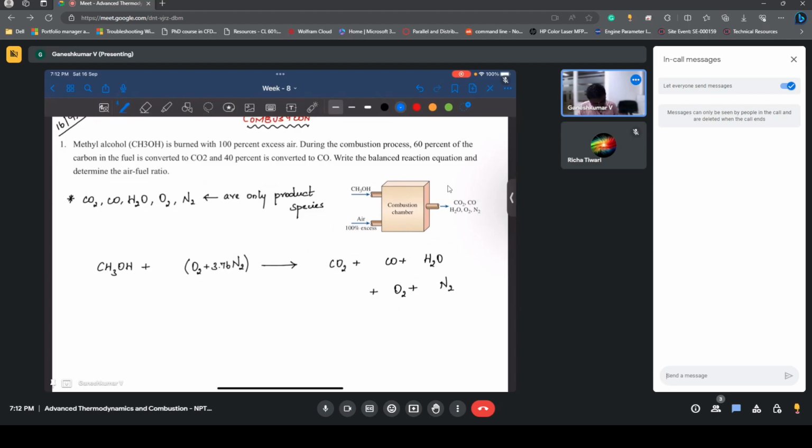So let's say I consider the oxygen coefficient as X, and the product coefficients as A, B, C, D, and E. These are the unknowns. If we find these coefficients, we will be done with the balanced reaction. So how do we find these coefficients? Any idea?